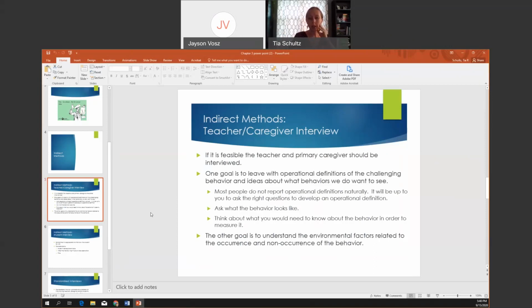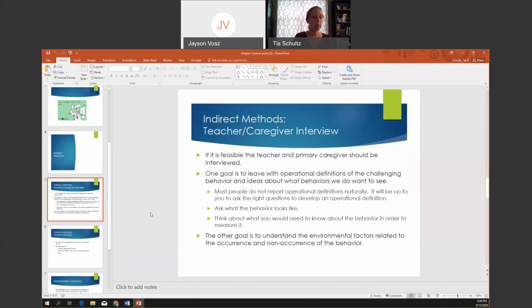And when we do our interviews, people aren't necessarily going to report the behavior in operational terms, because that's not how we would think about a behavior unless we've been trained that way. And so we're going to hear a lot more either vague comments or vague descriptions like I just gave, or even something that focuses more on feelings or states of being.